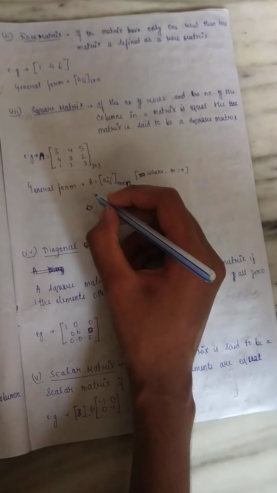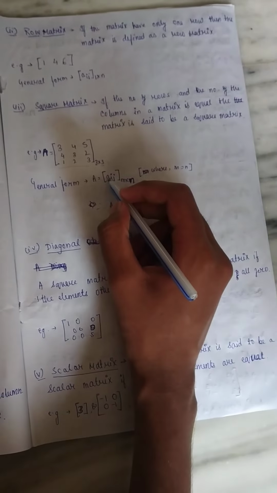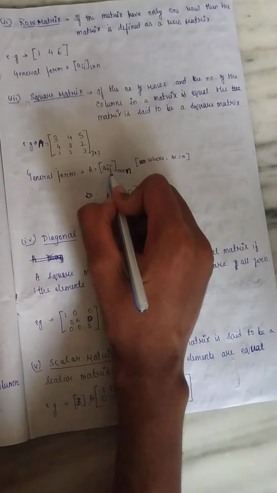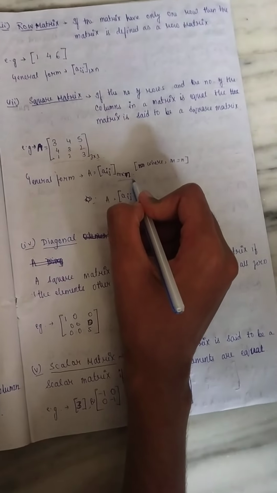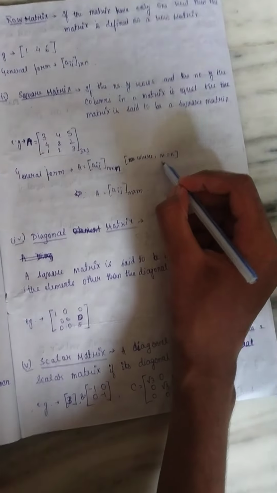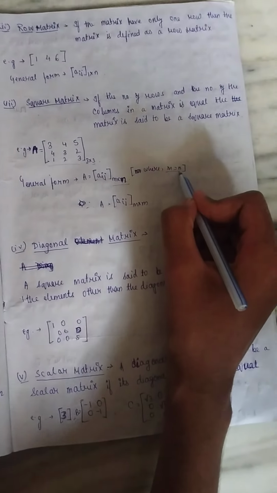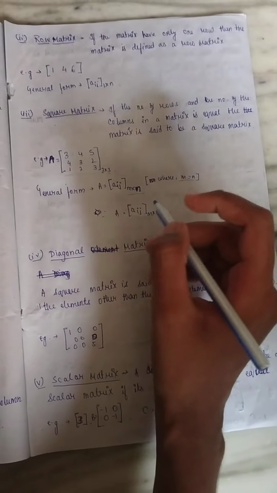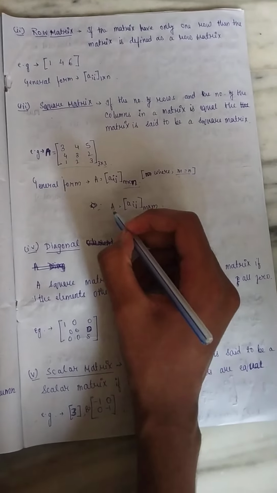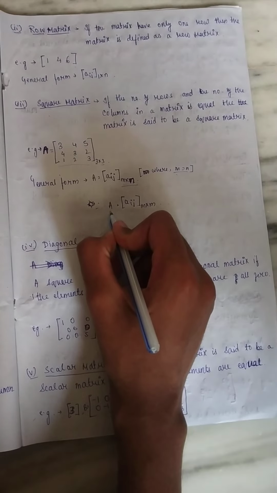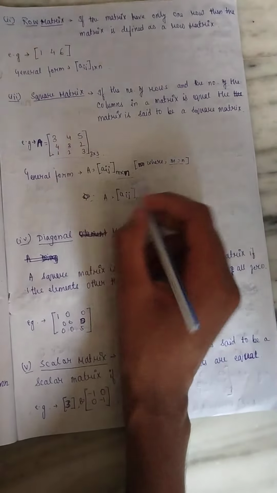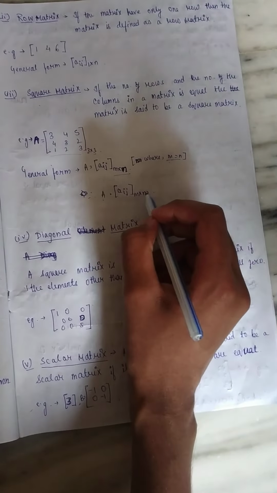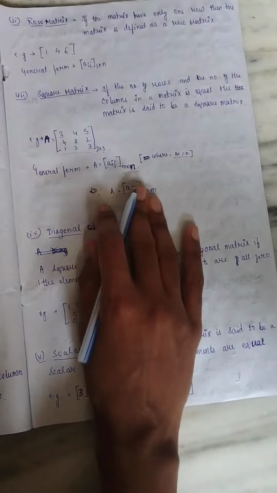The general form of the square matrix is A equal to Aij, where Aij is the element belonging to the ith row and jth column, and the order is m by n, and in this case m is equal to n, as in a square matrix the number of rows and columns must be equal. So as m is equal to n, we can replace n by m, giving m by m.